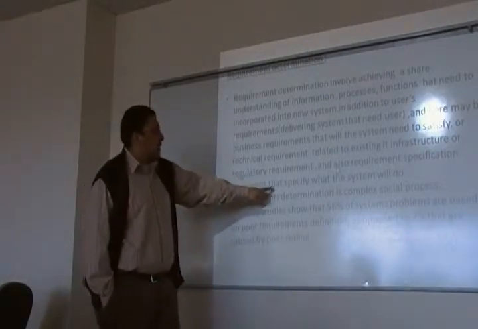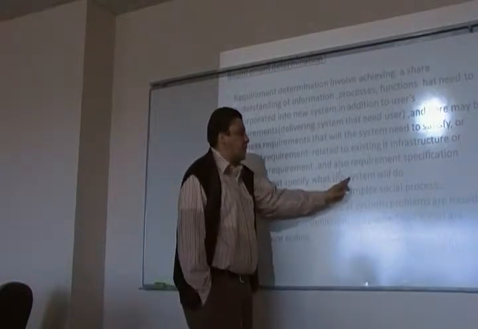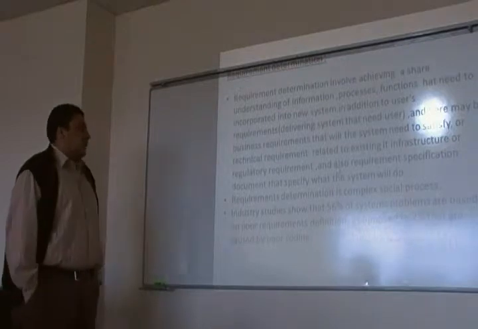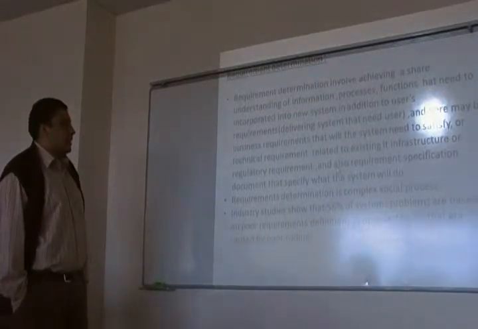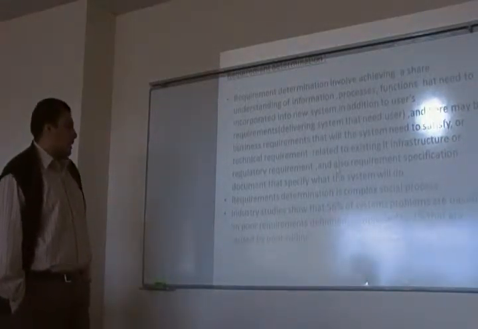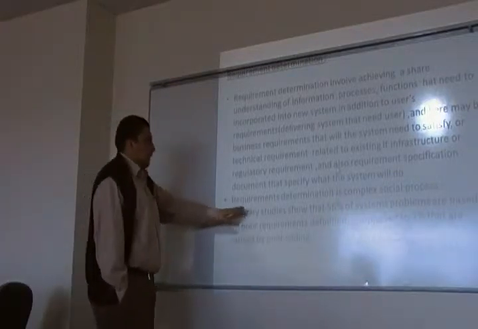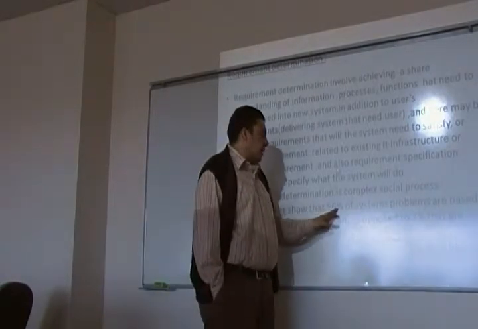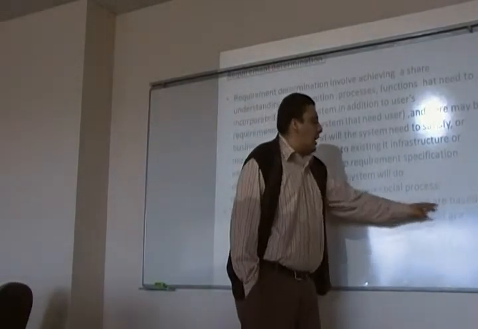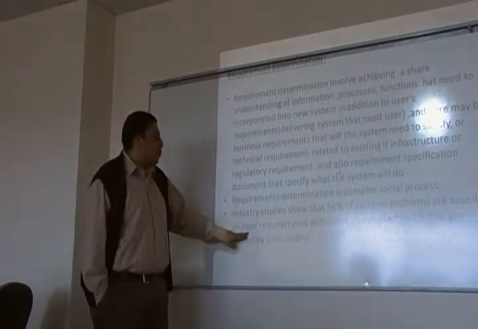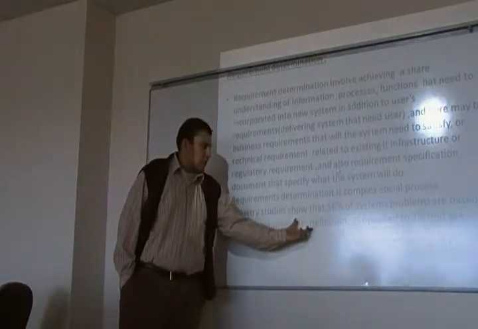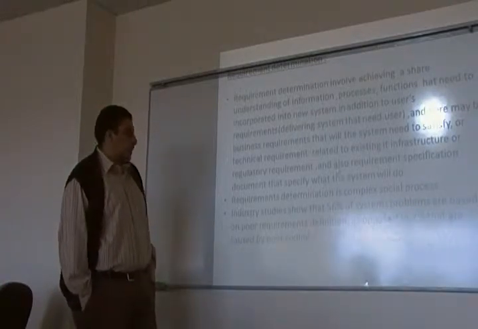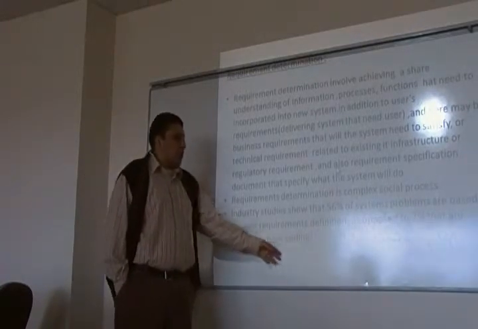It's important that it specifies what the system will do or should do. Requirement determination is a complex social process. Industry studies show that 56% of system problems are based on poor requirement definition, as opposed to 7% that are caused by poor coding.